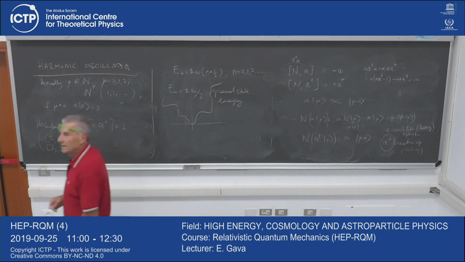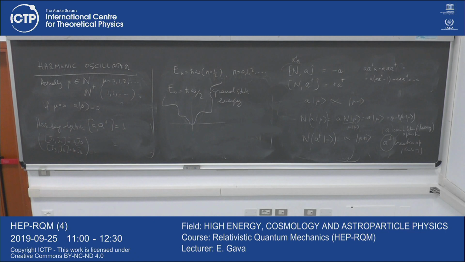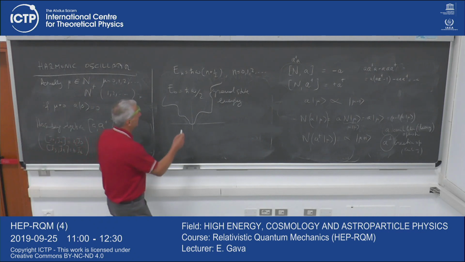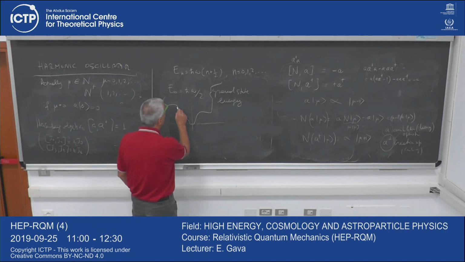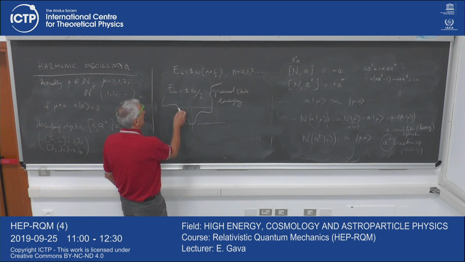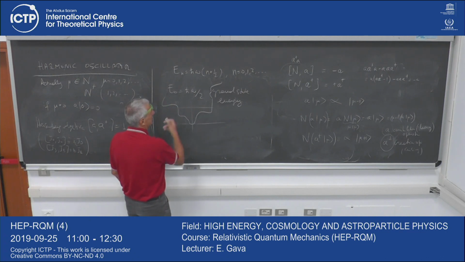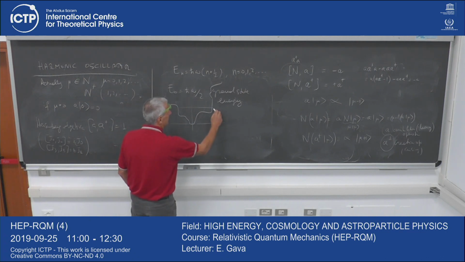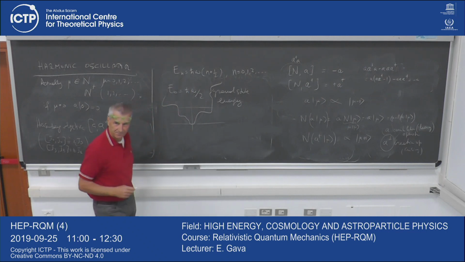This is a feature of potentials called confining potentials. The feature of this potential is that if you have some energy here, the particle is confined in this region. It cannot go in this region. This is the classically avoided region.